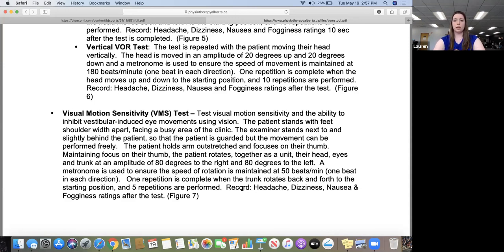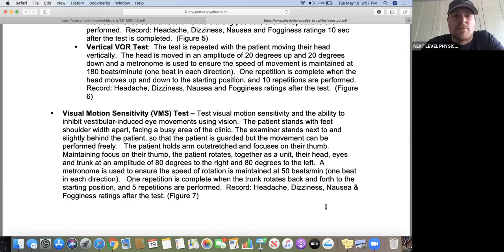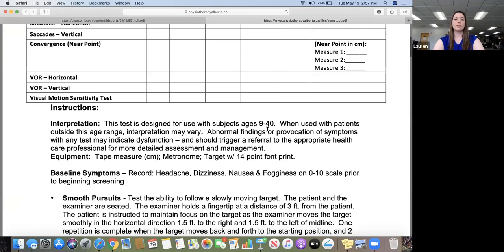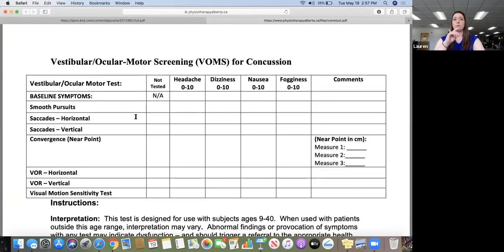But I think someone else had a question too. Yeah, so what does positive look like? They just can't do it, or they get nauseous, or have some weird symptoms? Yep. For the smooth pursuits, their eyes can't follow where your finger is moving.